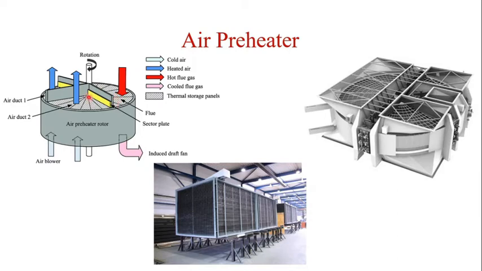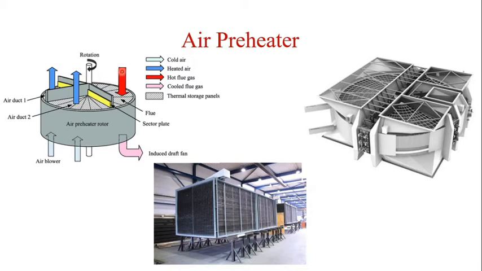Then once it is rotated, the extraction of heat from the flue gases is done, and that extracted heat from the flue gases is utilized further for removing the moisture content of the pulverized coal.